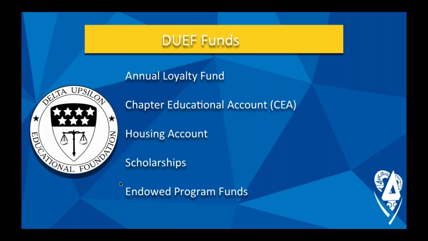The next area, as you're all familiar with, is the work that we do around scholarships. Many of the groups have individual scholarship funds that alumni have either contributed to on an annual basis, or perhaps someone has been generous enough to endow a scholarship.